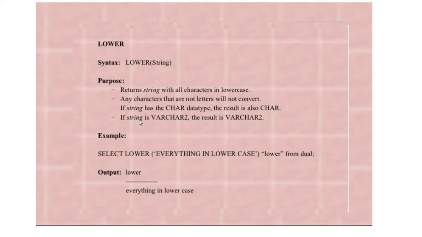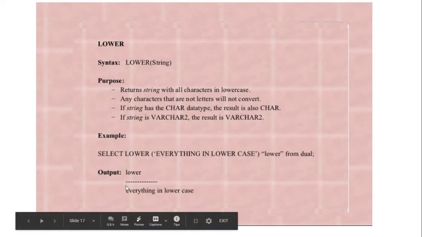When the string on which the lower function is applied is in varchar, then the result will also remain varchar. So here if we see this example, lower function, and then this is some string passed to this function, and this is again some output variable.